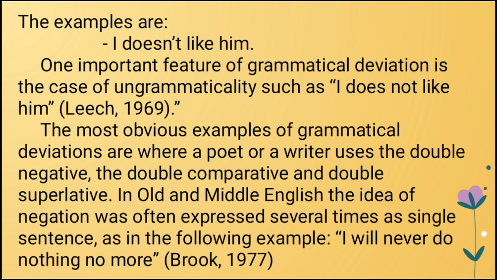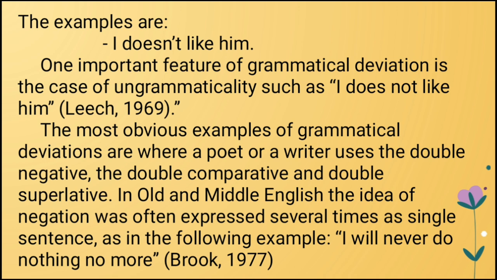One important feature of grammatical deviation is ungrammaticality, such as I does not like him, by Leech 1969. Although this sentence is grammatically incorrect, it can stand out when we read it. Alright, let's proceed to the next paragraph.